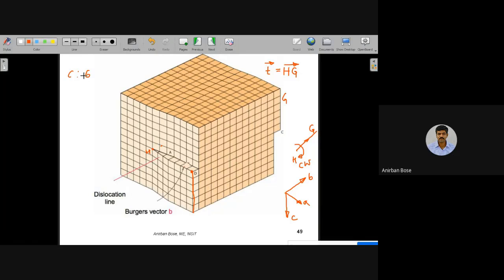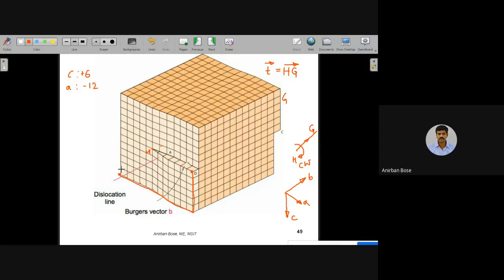Then from here to here, that is 1, 2, 3, 4, 5, 6, 7, 8, 9, 10, 11, 12. So in the A direction, we have moved minus 12.